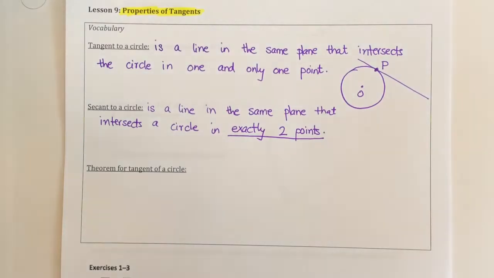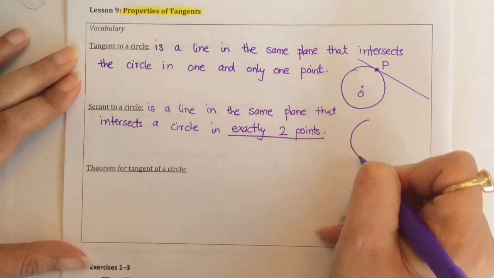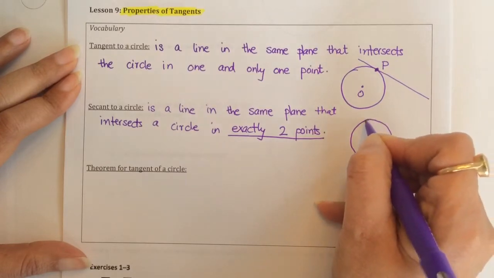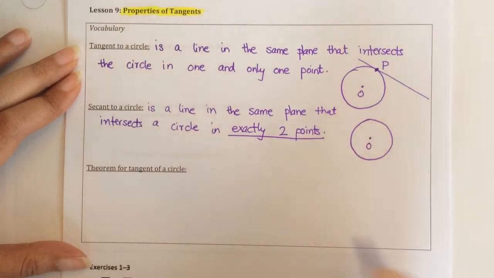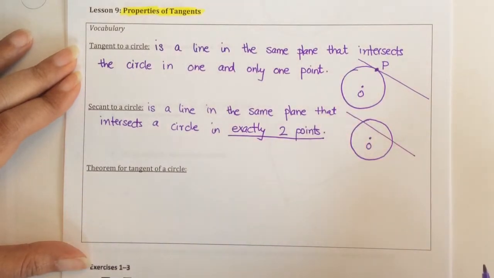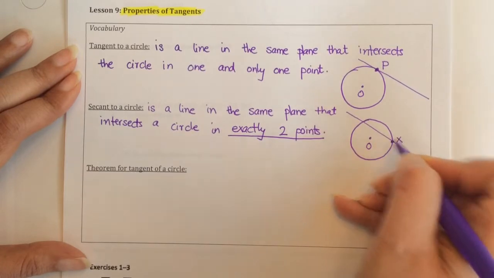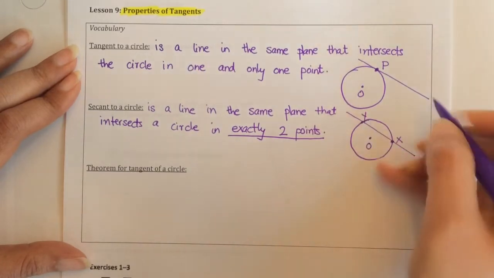So a secant to a circle looks like this: if I have my circle again with center O, a secant is a line that is going to touch my circle in exactly 2 points. I'm calling these points X and Y.